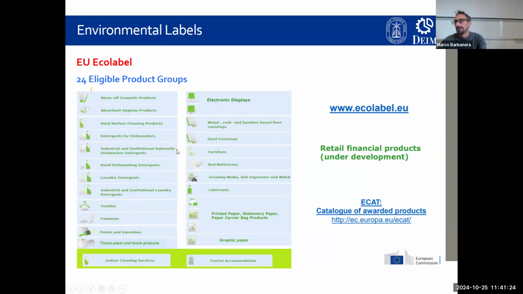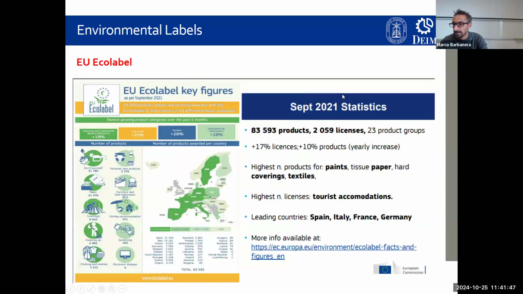So you have different product groups, and for these groups, it's possible to obtain a type 1 environmental label. This is the website where you can find all information about this type 1 environmental label.